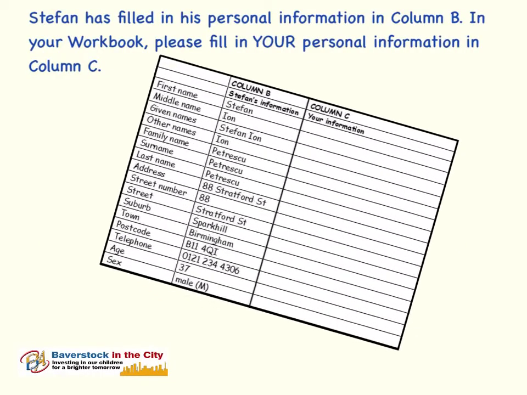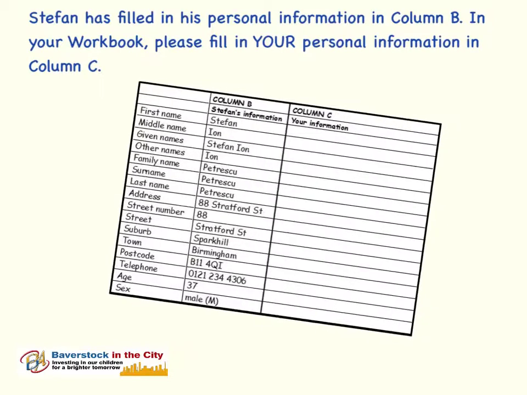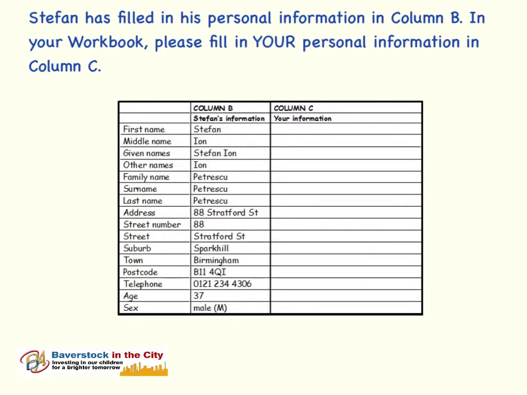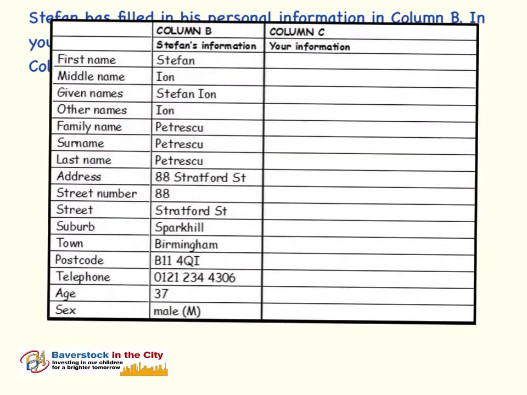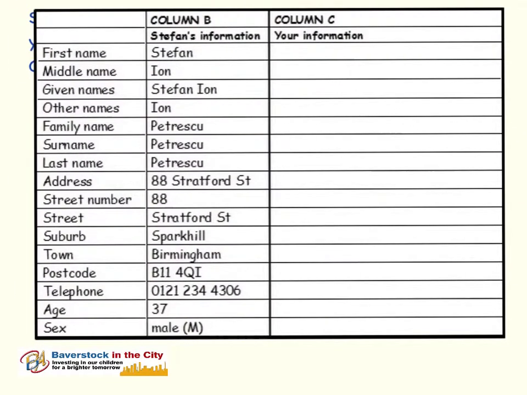On this form that we can see here, you will notice that Stefan has filled in his personal information in column B. In your workbook, I would like you to fill in your personal information in column C. What you will see here is a form that contains all the possible variations that you might come across when you are asked to complete a form that asks for your personal information.